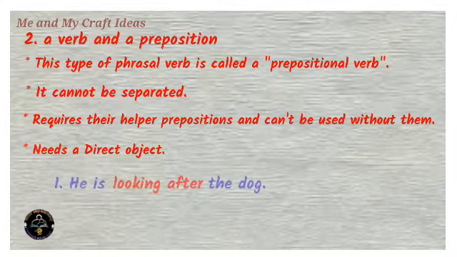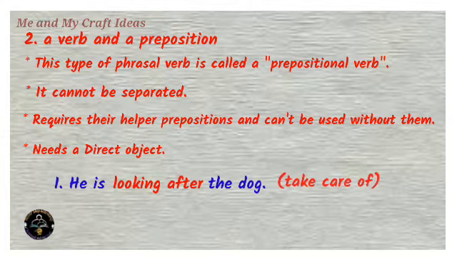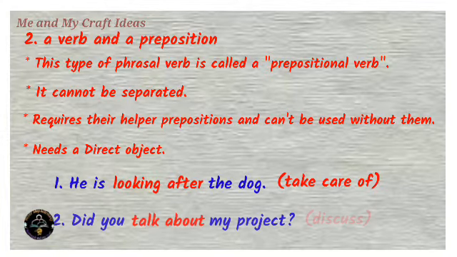For example, he is looking after the dog. Did you talk about my project? Here we can't separate the words looking and after or talk and about. That gives no meaning. And these sentences need the direct object, the dog and my project.